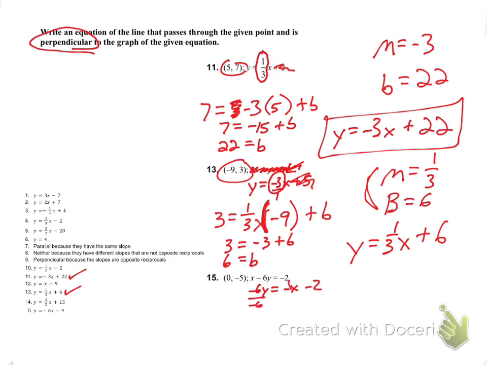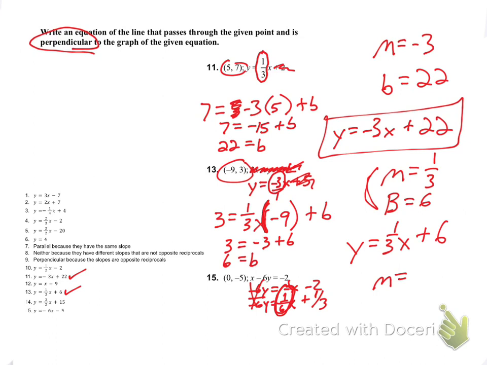Remember, there's a 1 here, so this would be -1 divided by -6, which would be a positive 1/6x, and then this just would be 2/6 or 1/3, but it doesn't matter because all I'm looking for is this slope right here.